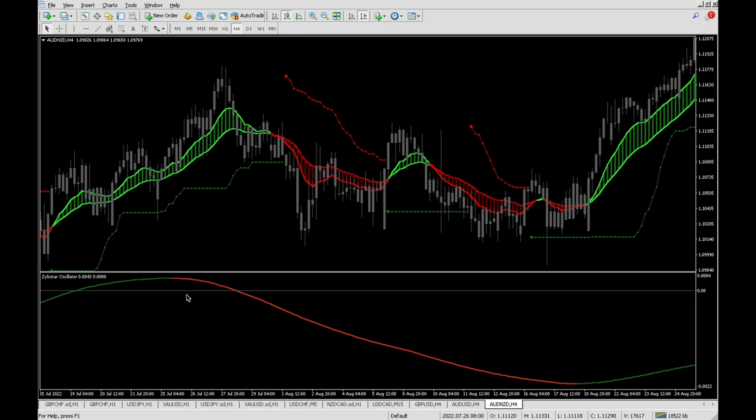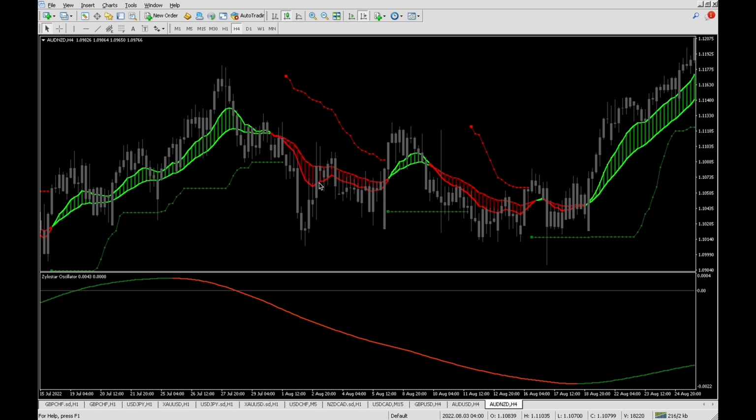Then we have our second indicator, the Zylostar cloud. You can see this cloud-like structure in the chart. This cloud-like structure also has 2 different colors, again green and red. The green Zylostar cloud shows you the short-term uptrend in the market, and the red cloud shows you the short-term downtrend in the market.